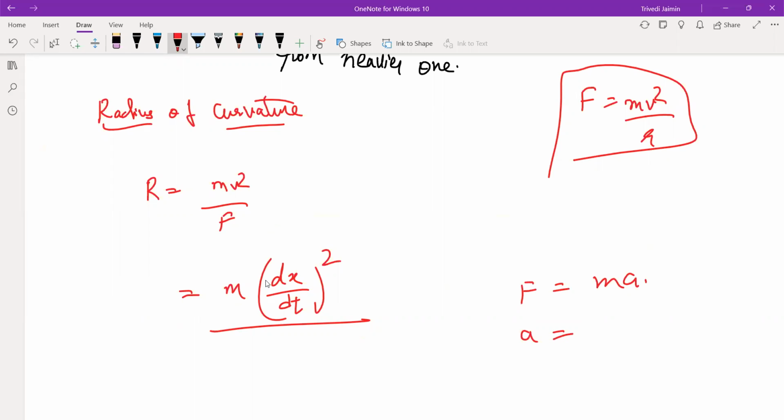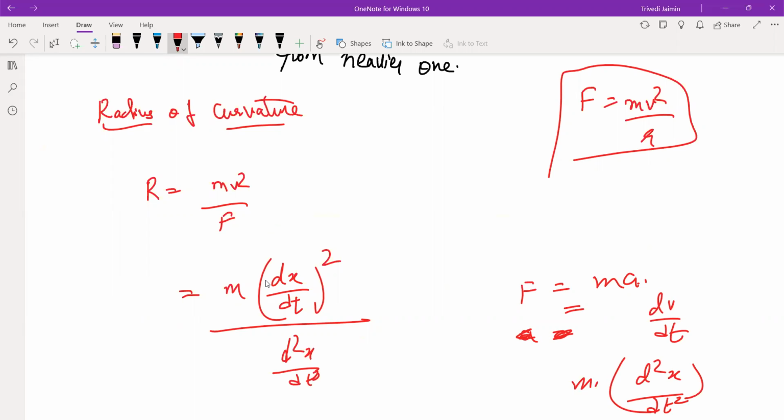So a equals, sorry, this one, a is what? dv by dt, or d square x by dt square, into m. So if I substitute m here, m will get cancelled. So d square x by dt square we will get.